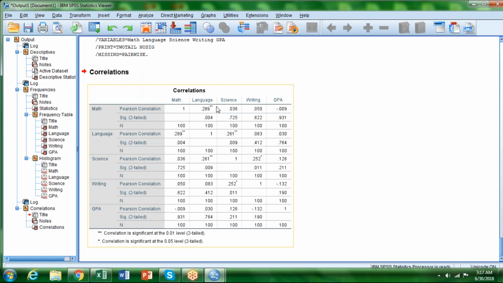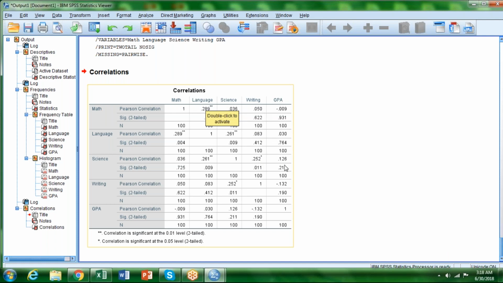Also, since we're looking at this, you can see there are 2 asterisks here. 0.289 is significant, and it tells us here the correlation is significant at the 0.01 level, which is 99%, meaning this is not occurring by chance. There is some sort of a correlation going on. There's another correlation here with science and language, and here's another one, science and writing.